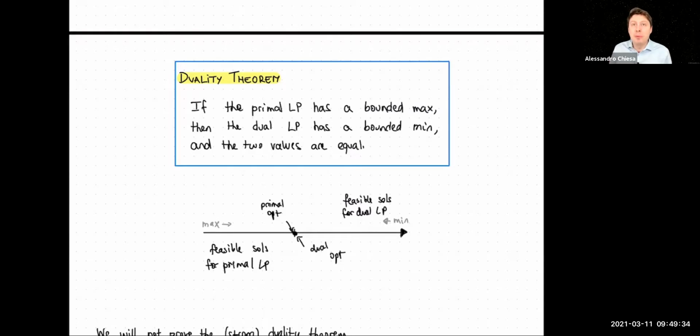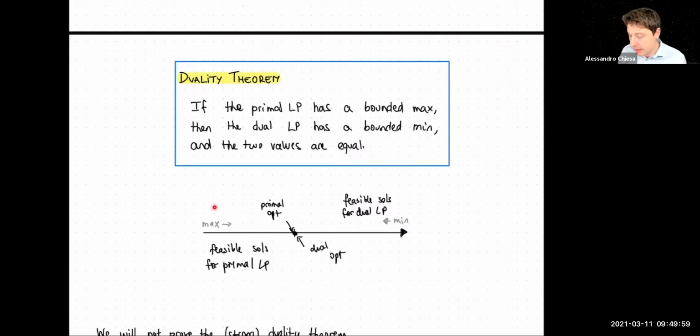Well, they cannot meet because it's unbounded. It's as if this middle point is not there, it just goes all the way to infinity. In that case, the dual will be infeasible. It just doesn't have any solution, because if it had any solution, that would be a valid upper bound on the primal, but the primal doesn't have an upper bound, it's just going to infinity, okay?